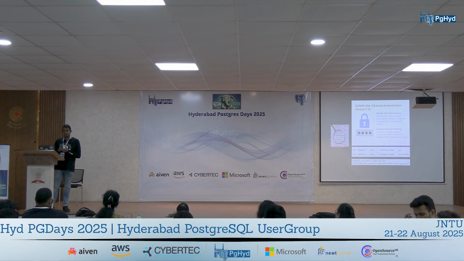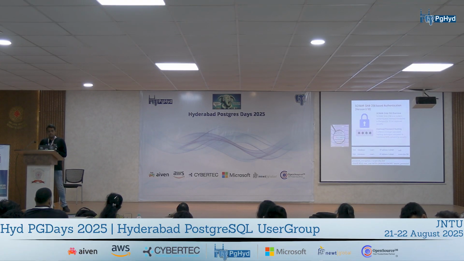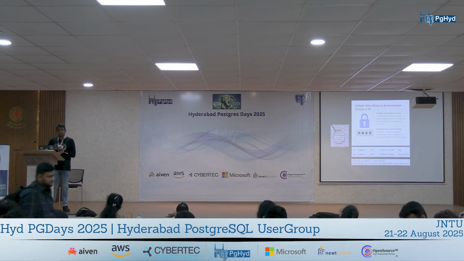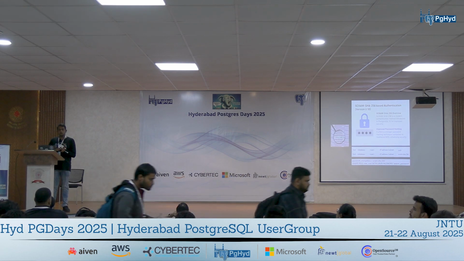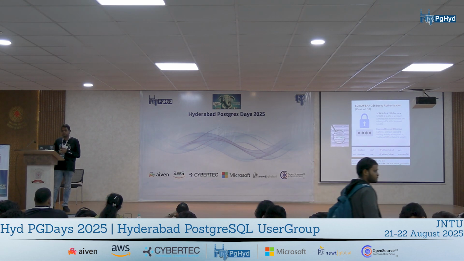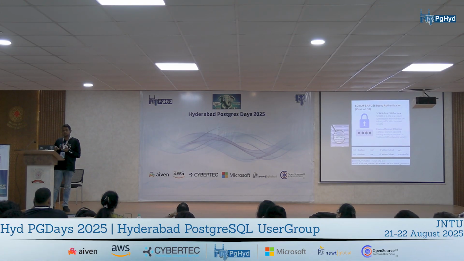In MD5 the password hashing is done at the server level, whereas in SCRAM SHA-256 the password hashing is done at the client level. That's how it is safer compared to MD5, because my password is not transmitted across the network. Even before transmitting, I'm hashing my password at the client level in the case of SHA-256.